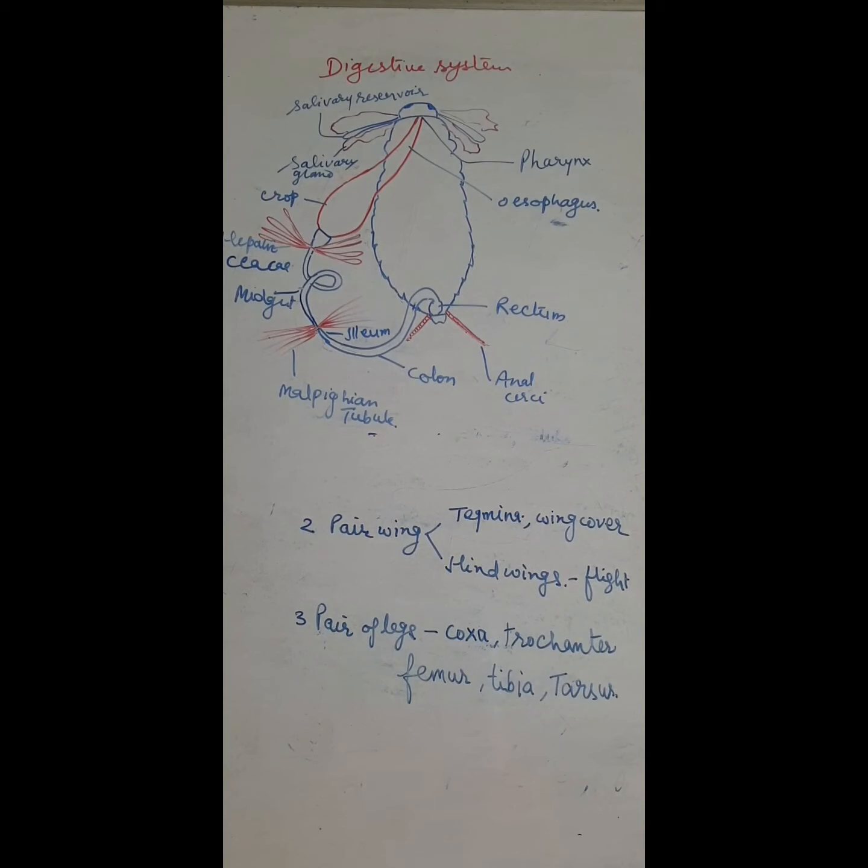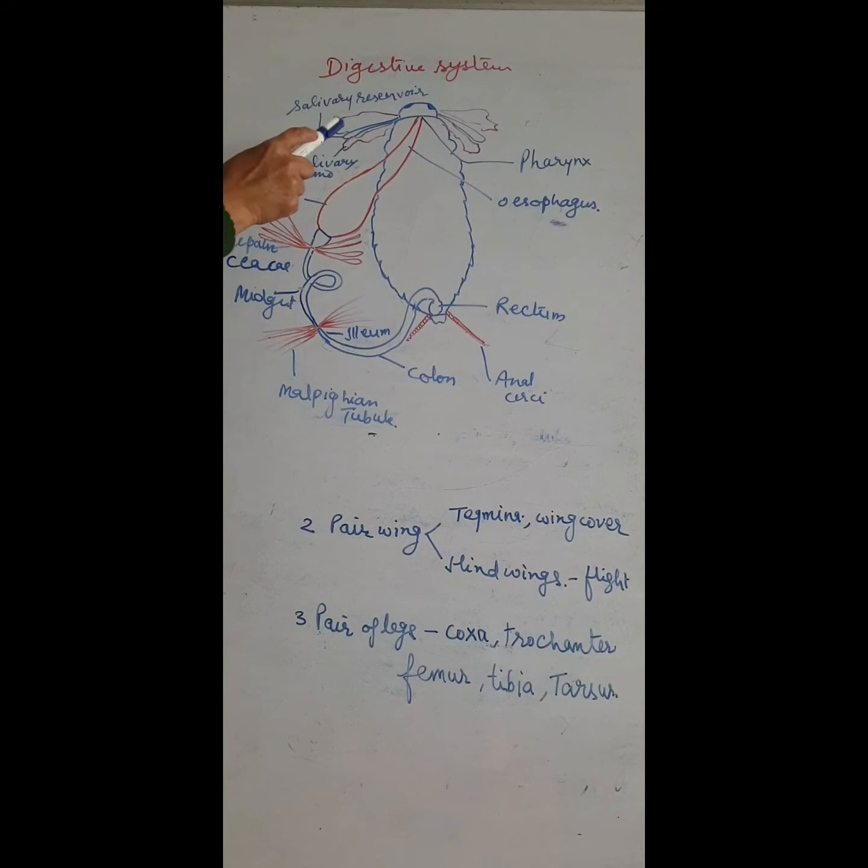Now the anatomy: the alimentary canal, the passage through which food passes. From here to here is the foregut. The midgut is a smaller part, also called the mesenteron, and the hindgut is from here to the rectum.